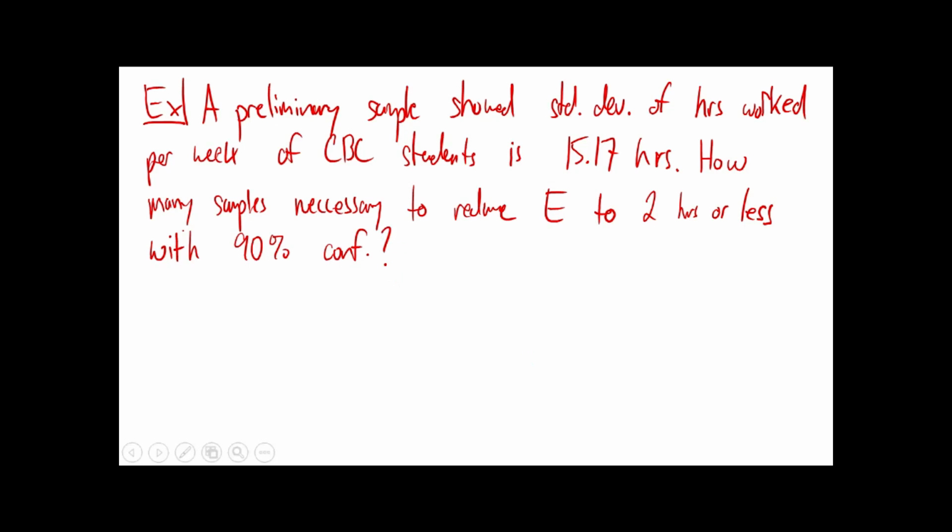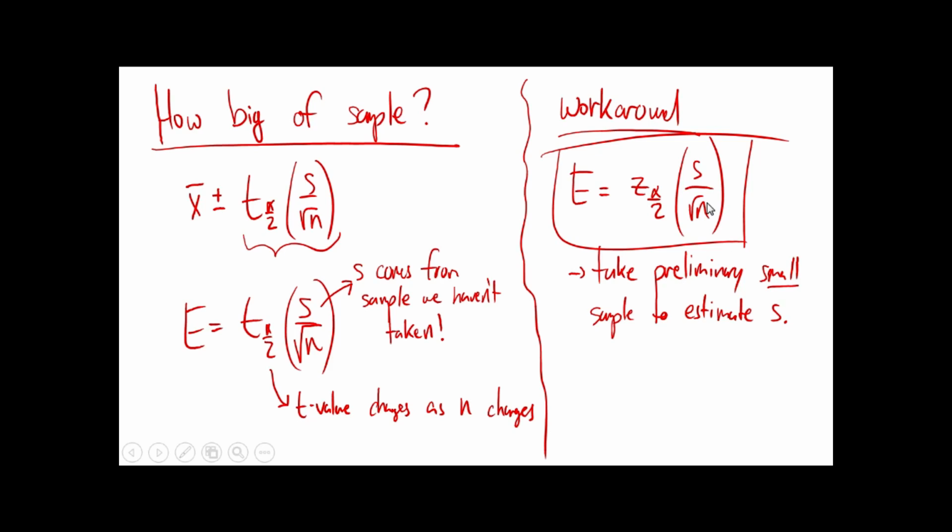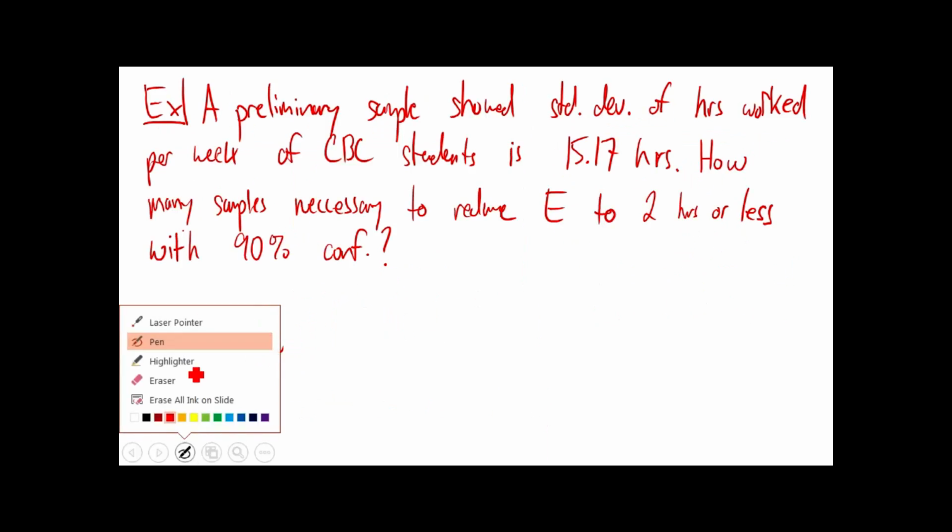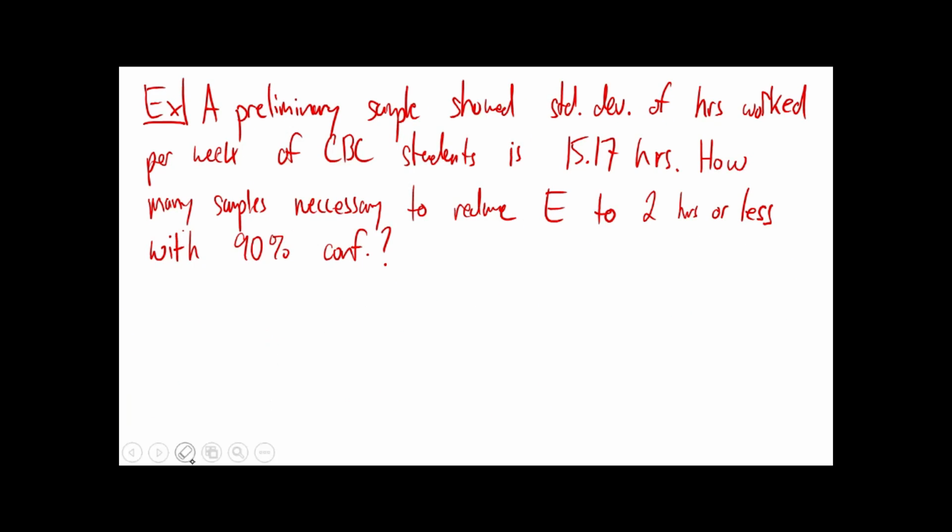All right. So all we'll do here then is we'll say, okay, we have this formula for error, right? I know the margin of error that we're going to go with is approximately going to be about z alpha over 2 times s over root n.